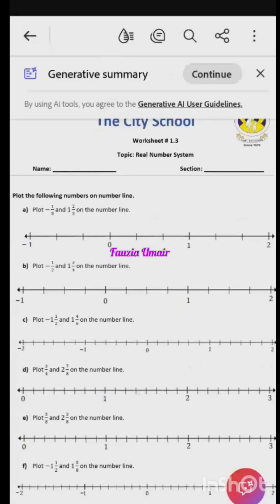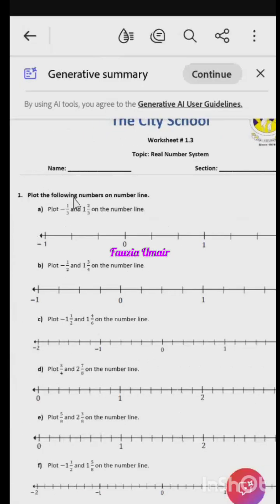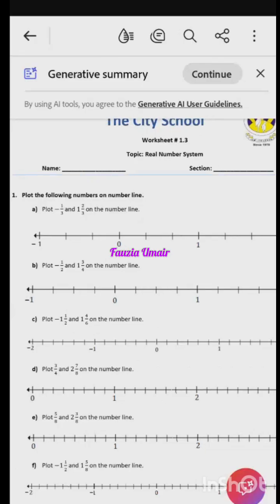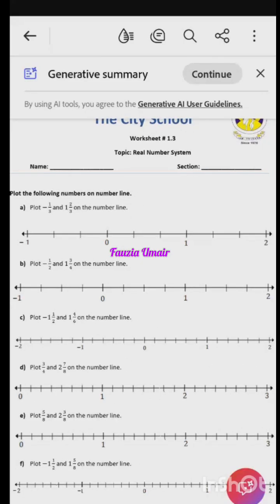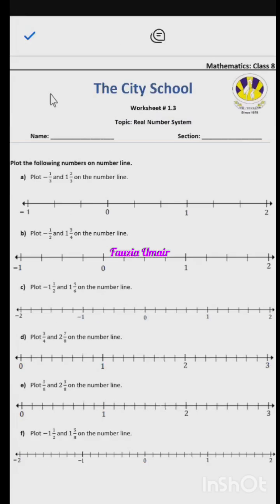For today's classwork, you need to have a scale as well to draw these number lines. Question number 1 is: plot the following numbers on the number line. For the first question, the number line is also given to you, and half of the plotting is already done on the number line. So you just need to locate the ones which are missing.